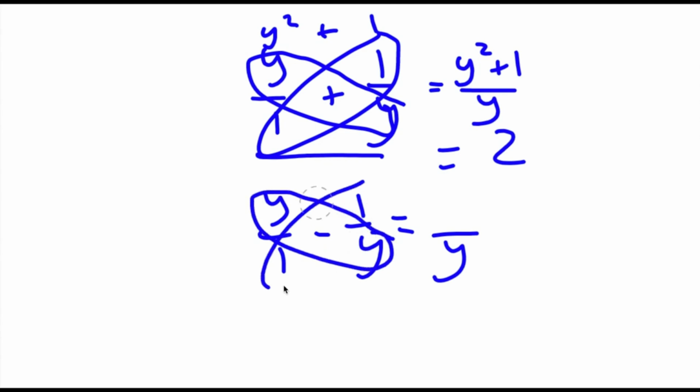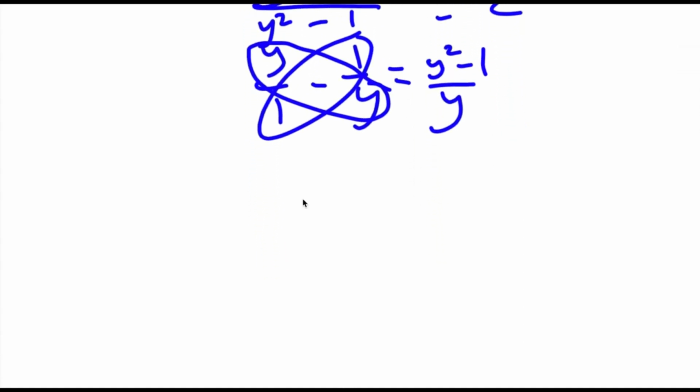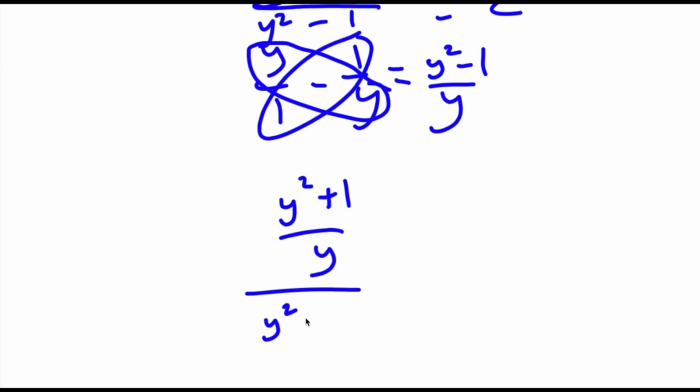Now cross multiply, y times y is y squared minus 1 times 1 is 1. So I have y squared minus 1. So now I have y squared plus 1 over y, divided by y squared minus 1 over y. This is equal to 2.